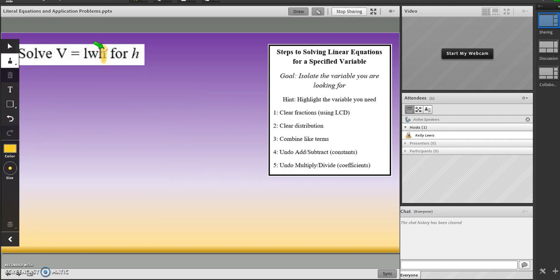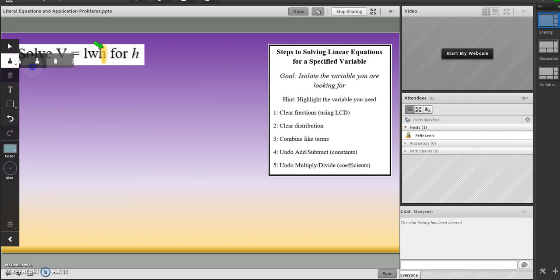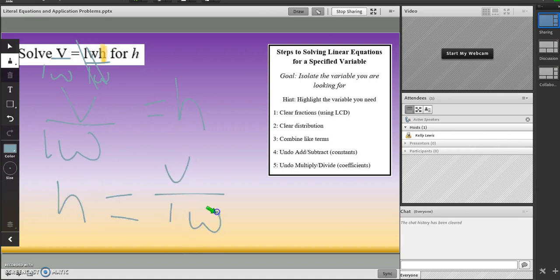That's the one I want to leave alone. And then I ask myself, okay, what's happening to the H? The L and W are being multiplied, and the opposite of multiplication is divide. So I'm going to divide both sides by L and W, but all I have left on that other side is H. So my answer is H equals B over LW.